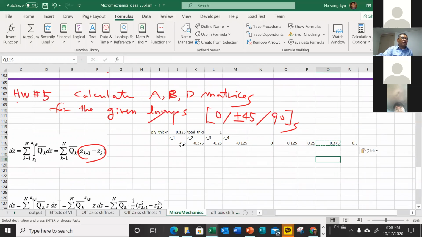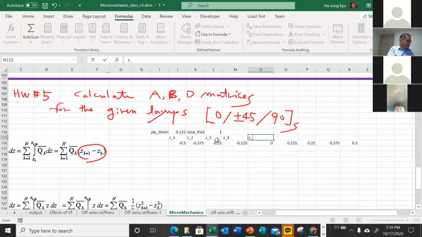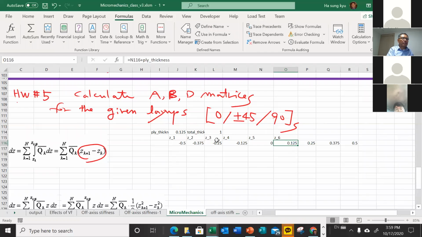So as you can see, for the 8 plies, bottom to top, you have Z5 and Z6.